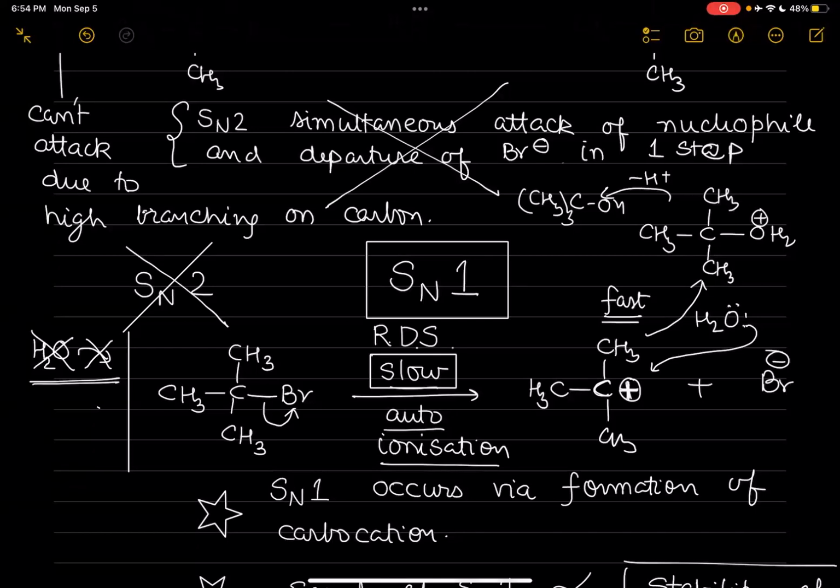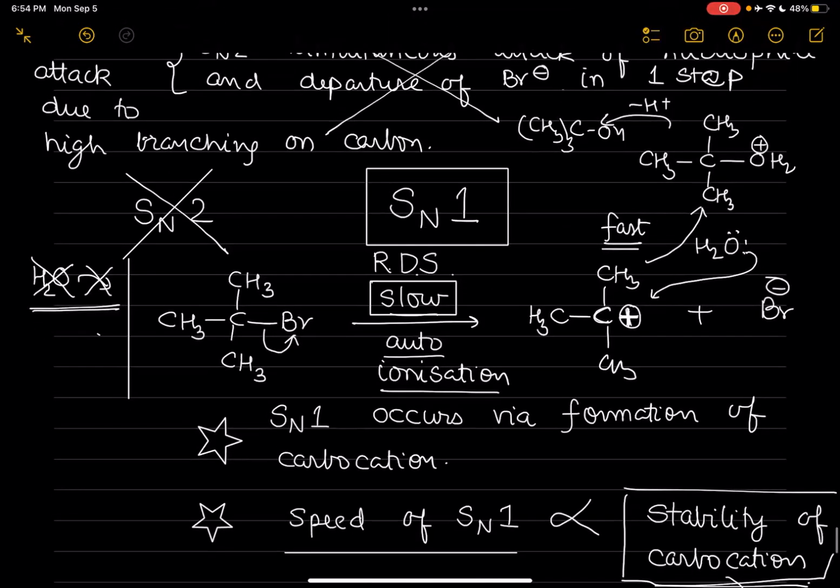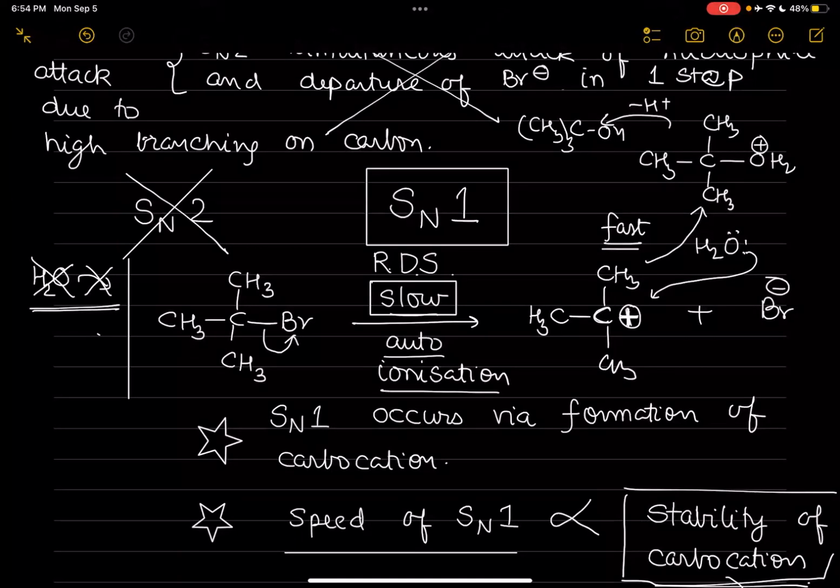So SN2 was happening in a single step where the nucleophile was coming in directly and pushing away the leaving group. But in the SN1 reaction, because the carbon was very branched, the nucleophile was not able to come and join itself to the carbon atom. So initially we thought that the reaction will not happen.